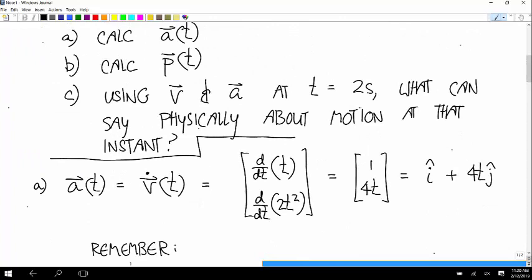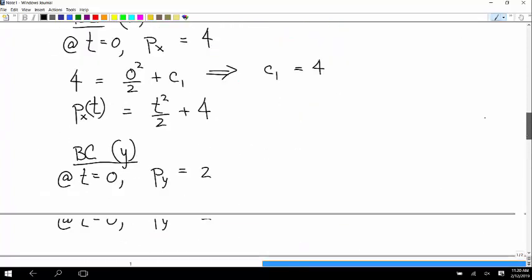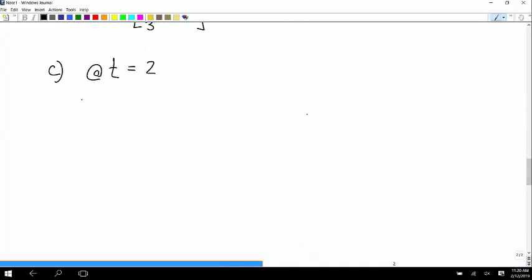So what can we say about the motion at time equals 2 seconds? Well, plug 2 into the velocity function. The velocity was equal to (t, 2t squared).